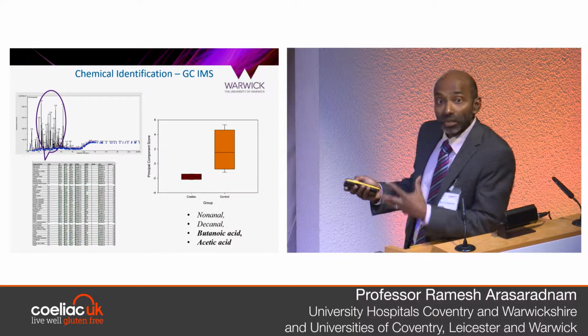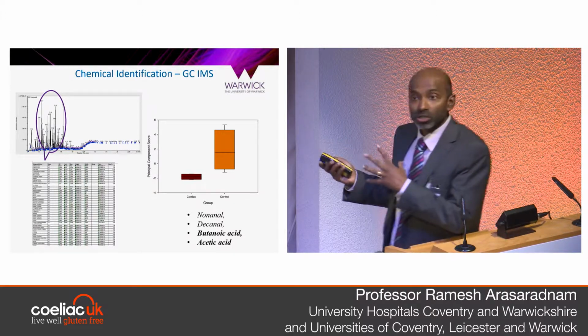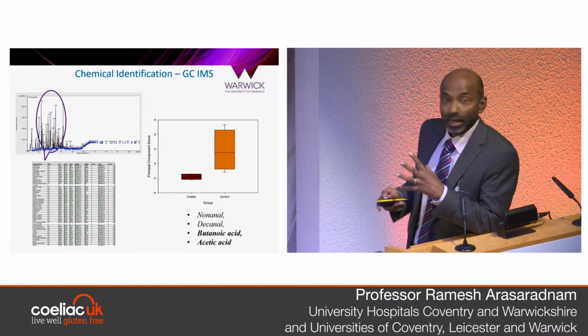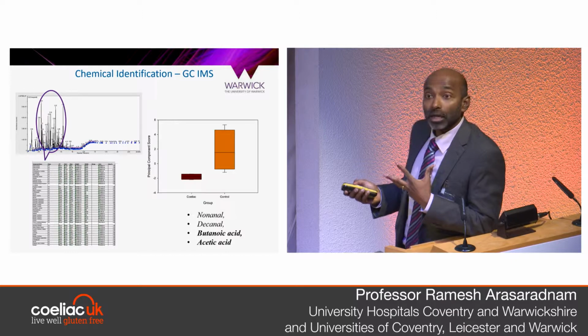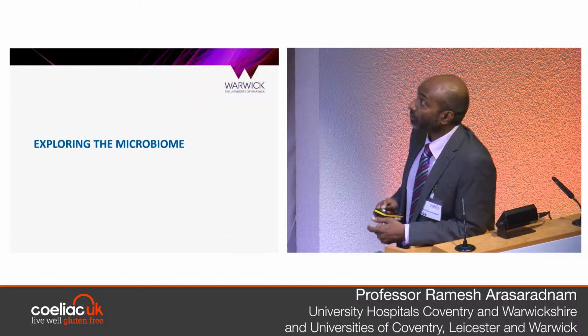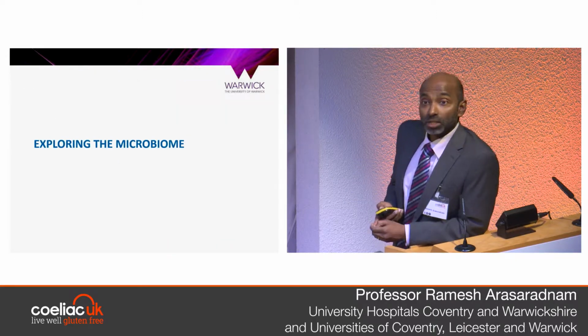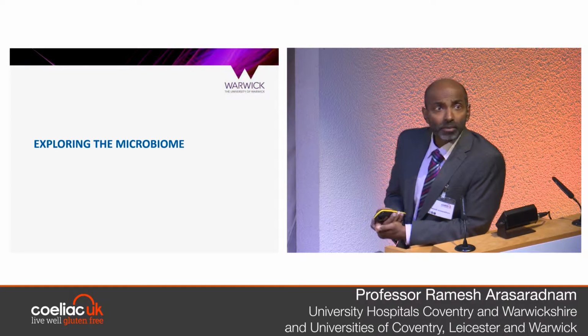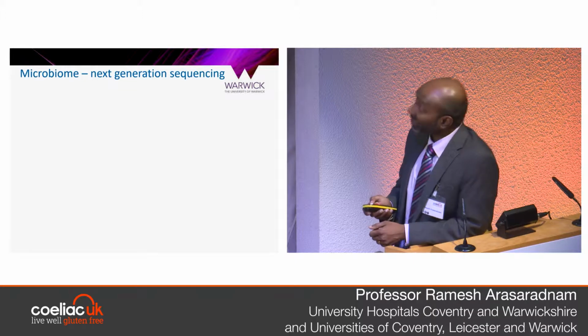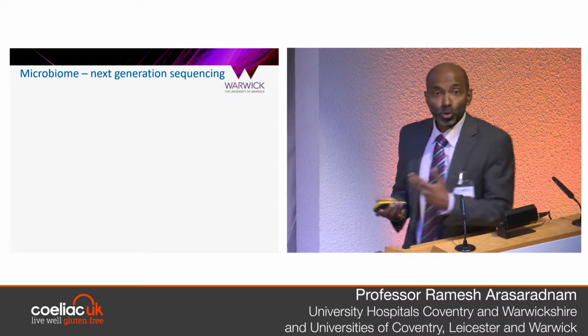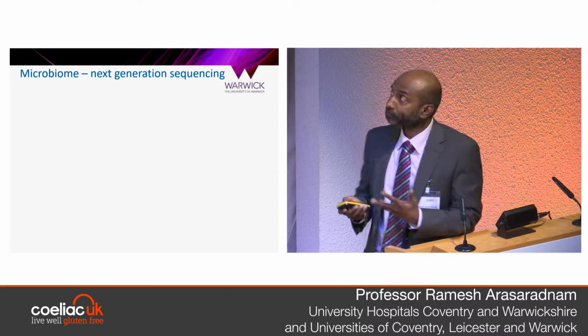So there clearly is some link between the volatile compounds that we're measuring and the microbiome that is underlying these individuals. So the next step was really to try and explore the microbiome a little bit further to see whether we can see if there's a link. Now the technique that we used here is what's called next generation high throughput sequencing.